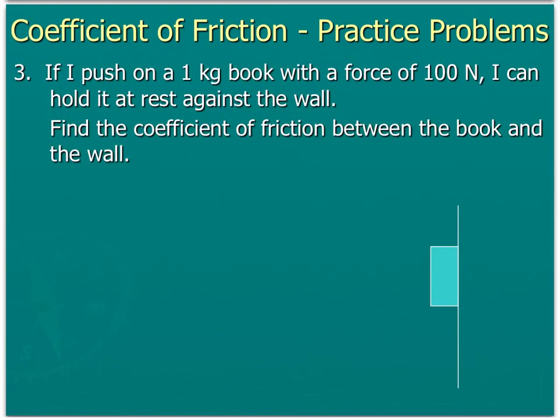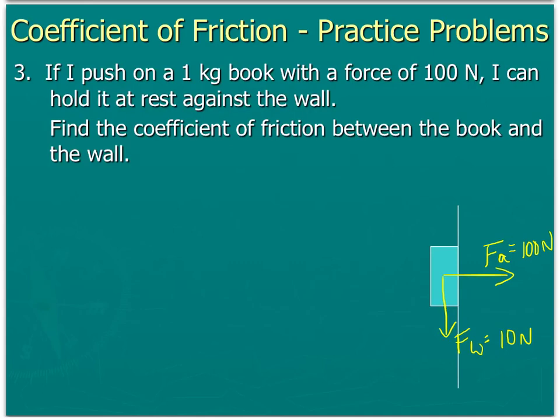In this problem, we're pushing that 1 kilogram book against the wall with a force of 100 newtons, and it's being held at rest. And so we know that 1 kilogram book is still going to have an FW of m times g, or 1 times 10, so 10 newtons. And I'm pressing against this book with an applied force of 100 newtons.